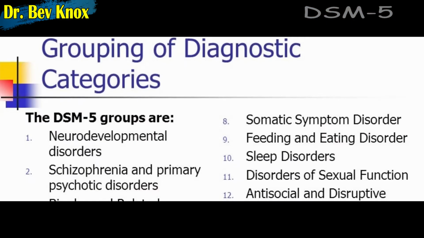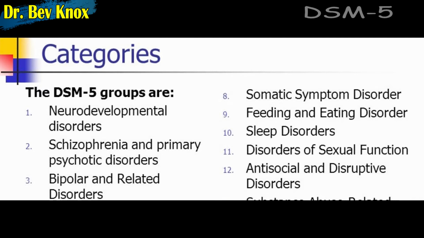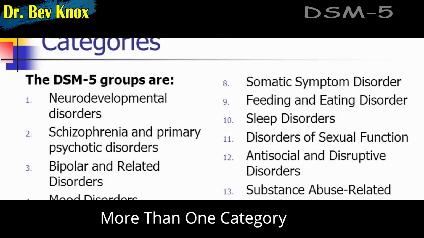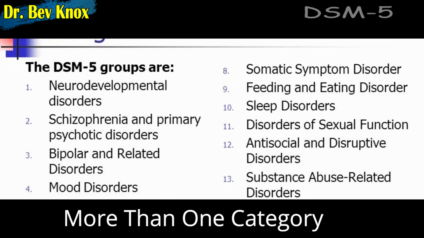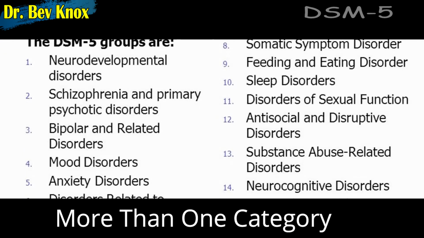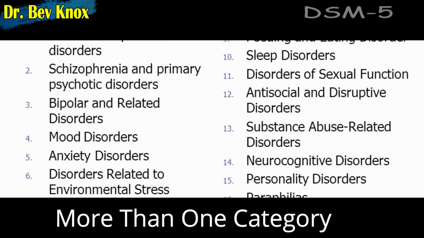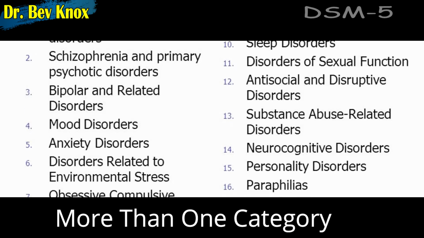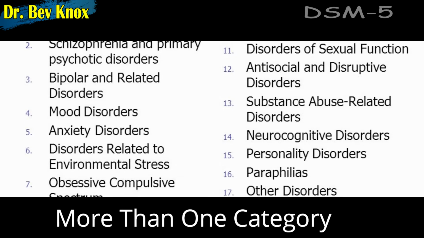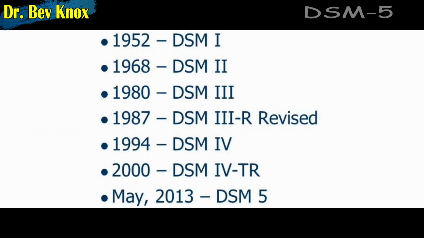Although people may receive just one diagnosis from the DSM-5 list, they often receive more than one. Each diagnostic category also has a numerical code that clinicians must state, a code listed in the ICD-10.